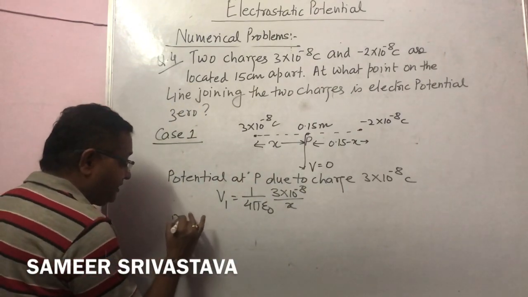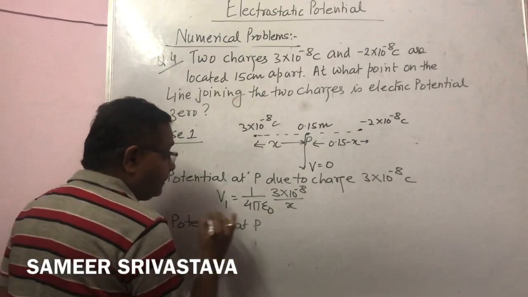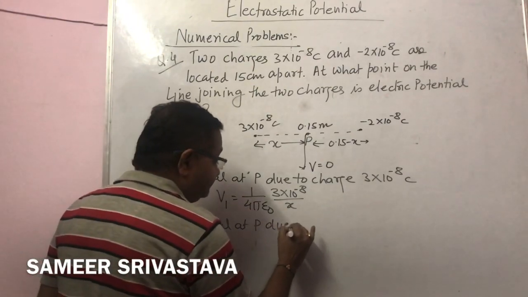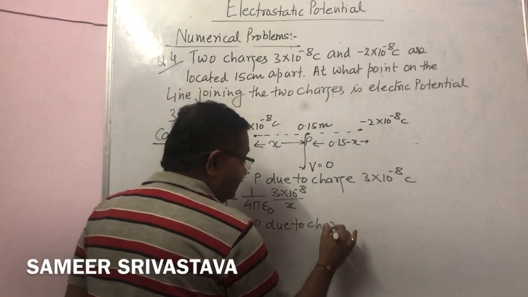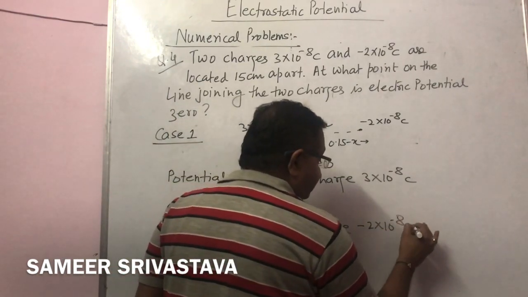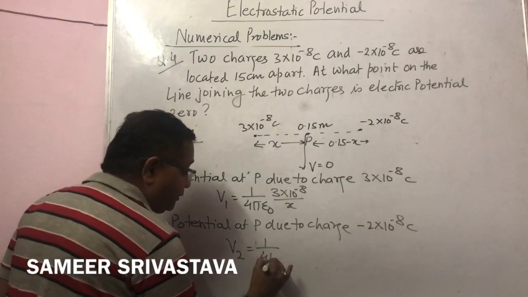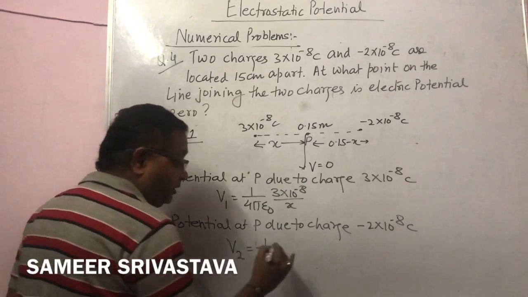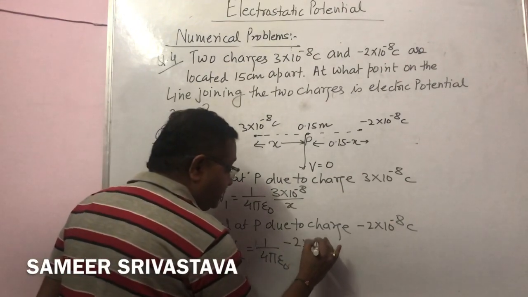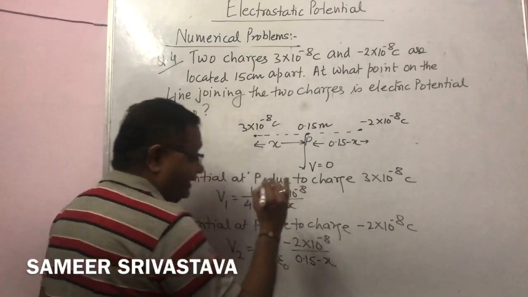Secondly, potential at P due to charge minus 2 into 10 to the power minus 8 coulomb, we write V2 is equal to 1 upon 4 pi epsilon naught minus 2 into 10 to the power minus 8 upon 0.15 minus x.